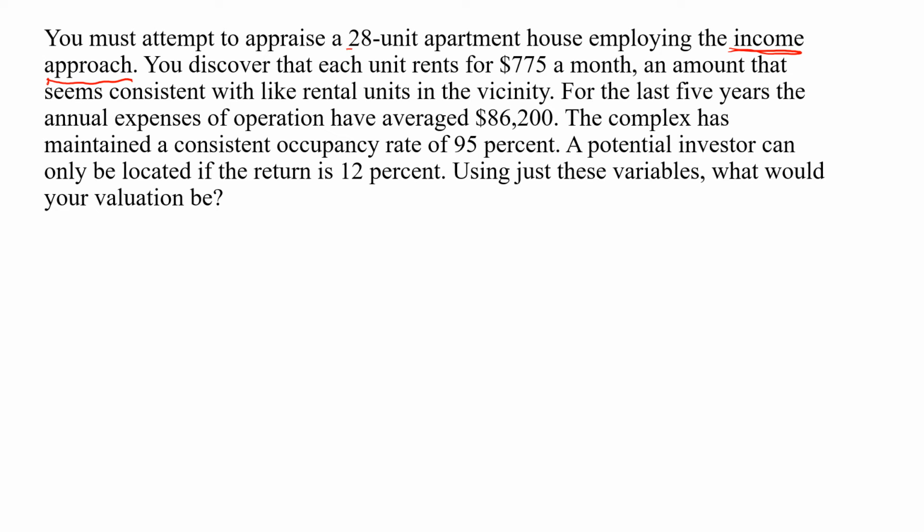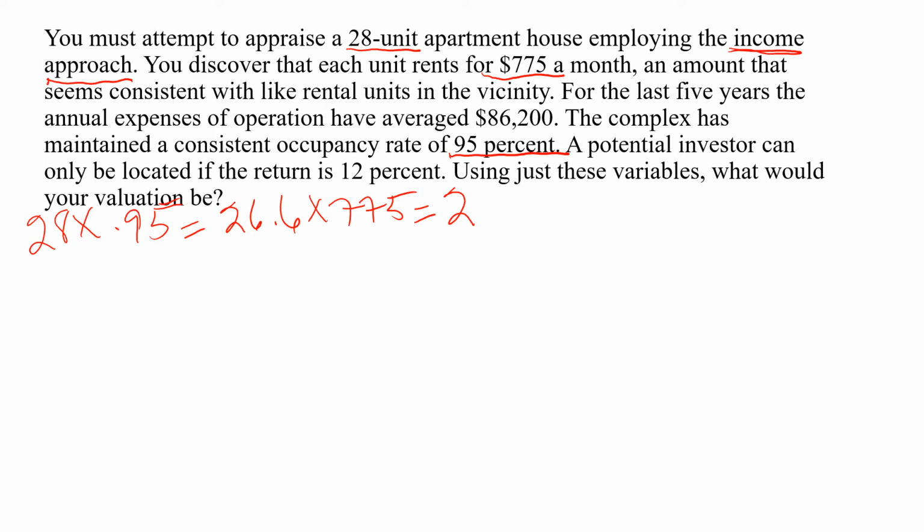All right, so we have 28 units, bringing in 775. Well, we have 95% of those units bringing in that amount. So let's say 28 times 0.95 equals 26.6 units bringing in 775 per month, which is 20,615 per month. It's going to bring in 247,380 per year.